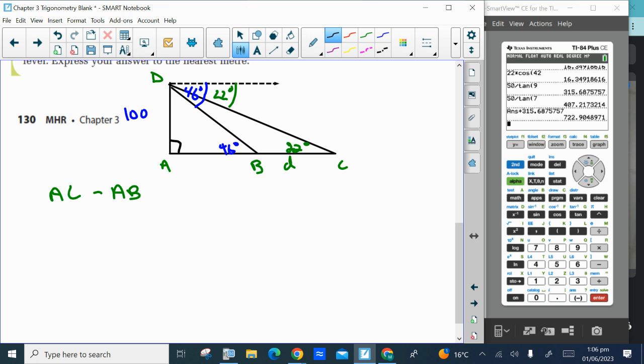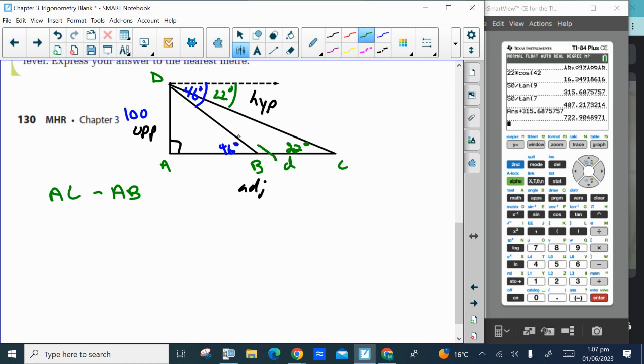Let's find AC first using the large triangle. The side across from the right angle is the hypotenuse. We're going to use the 22-degree angle. The side across from that is the opposite, which we're given. And AC is the adjacent side, which is what we're trying to find. We're not given the hypotenuse, not asked to find it, not going to use it.